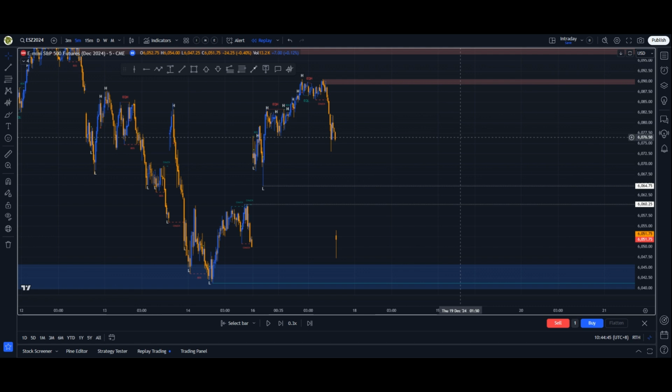And even when the internal structure setups were forming, it was very difficult to assess the right target and the stop loss and so on. I was having quite a lot of subjectivity in the way that I was trading, and I was not feeling comfortable. However, the trades were successful, I was getting good points, but there was this discomfort that I was facing.